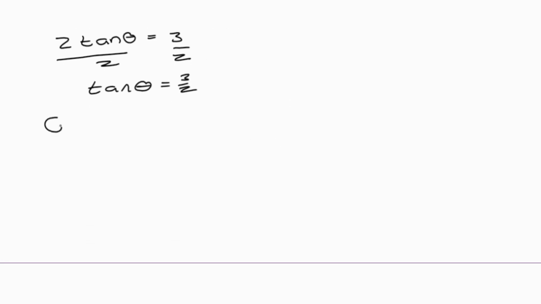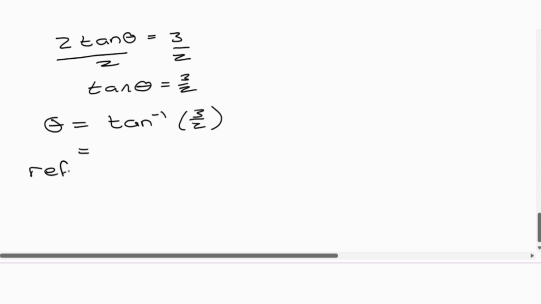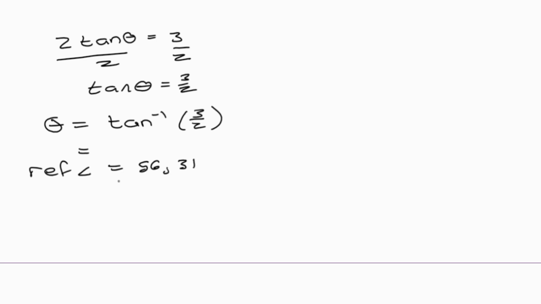So then I can get theta by itself to find a reference angle. When we bring tan over and we say tan to the minus 1, what do we call this version of tan? Yes, we call it the inverse. So then tan to the minus 1 will give me a reference angle of 56,31.